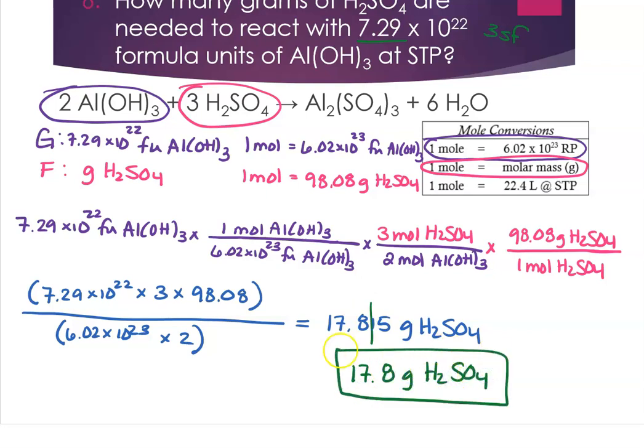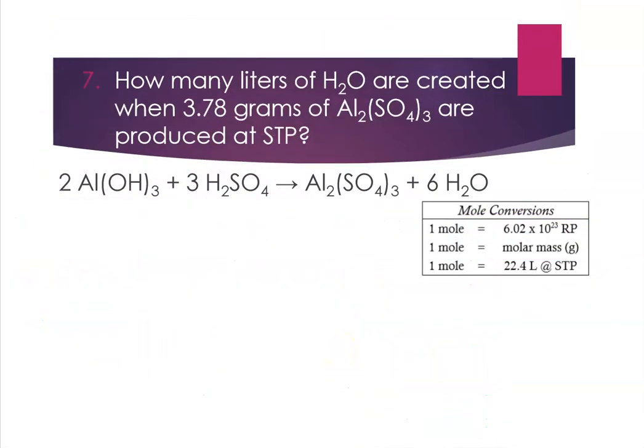All right, next up, we have how many liters of H2O are created when 3.78 grams of Al2(SO4)3 are produced at STP. All right, so here we're given 3.78 grams Al2(SO4)3, and we're trying to find liters of H2O.